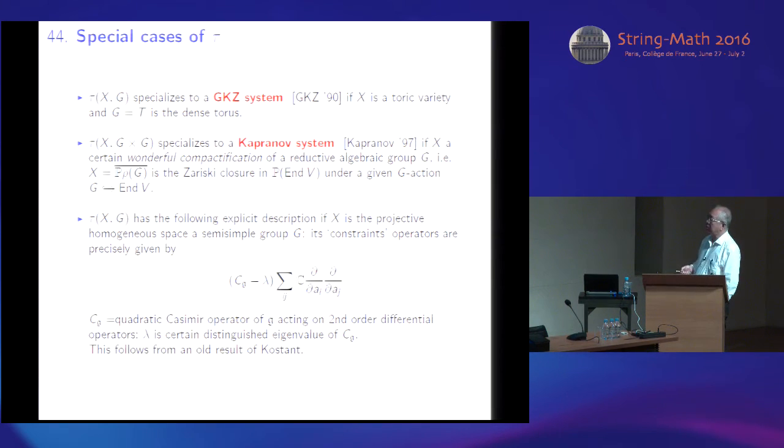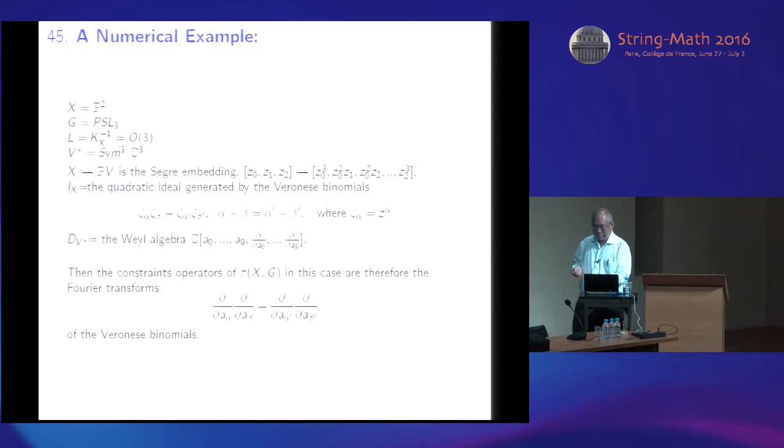This can be derived from an old result of Borel-Bott-Kostant, where C_G is the quadratic Casimir operator of G acting on second order differential operators. Just to give you a more concrete example, let me repeat the example again for the case of P^2.